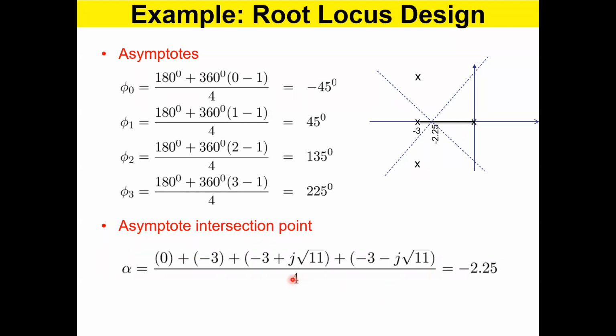So n is 4, m is 0, 4 minus 0 is 4. The answer is 2.25 minus. So we can mark that point over here on the real axis, 2.25 minus. And this is where the two straight lines, or four asymptotes, intersect each other.